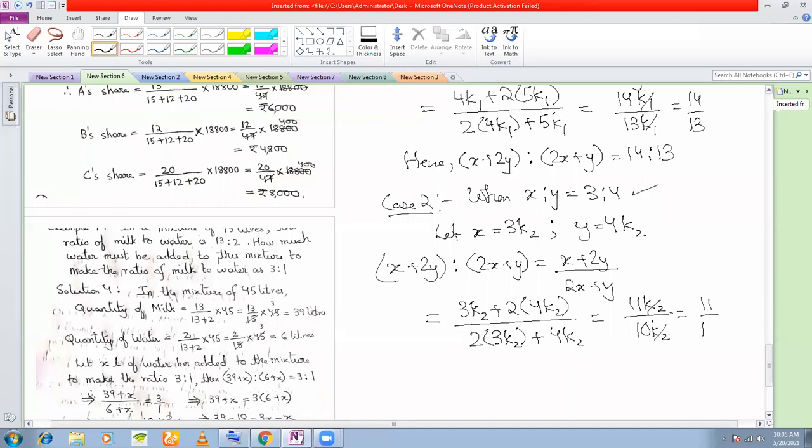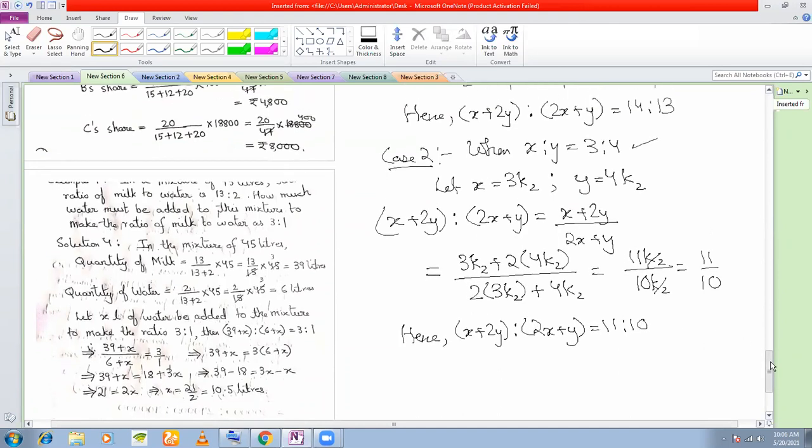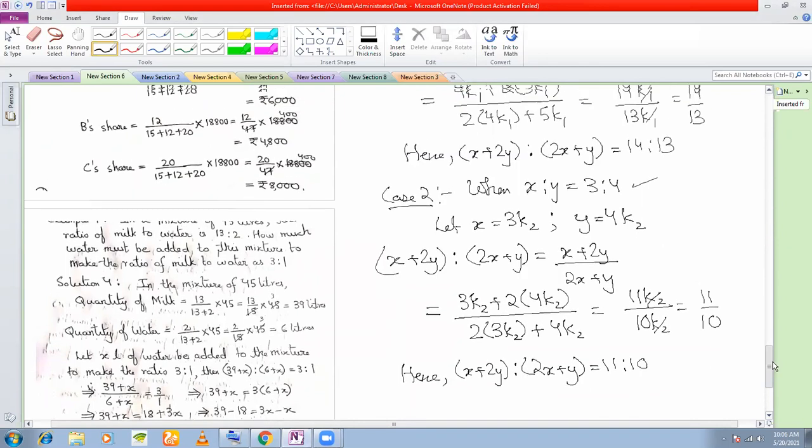So you get 11 by 10. So in this case, what is the value? 11 is to 10. Okay. So you're getting two different values of the given expression for two different values of x by y. Okay. So let's continue with the next one.